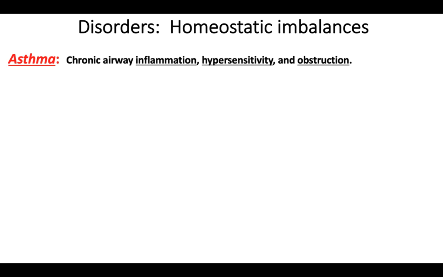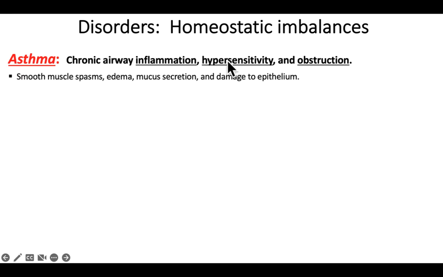Asthma is a chronic airway inflammation, hypersensitivity, and obstruction. What often occurs is the muscle spasms and leads to bronchoconstriction. You get edema or swelling. You get an increase in mucus production, and the epithelium can even be damaged.